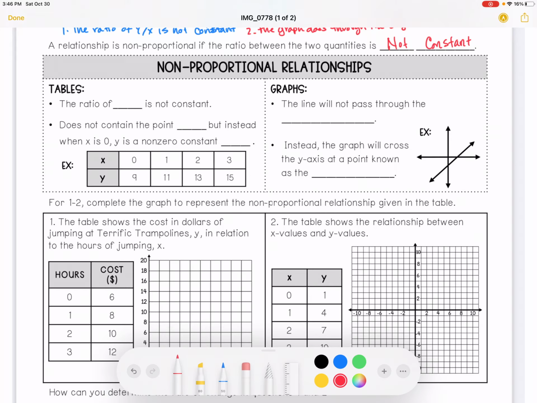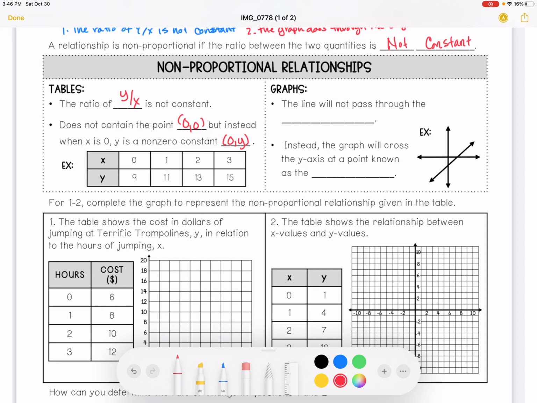The ratio of Y to X is not constant. Does not contain the point 0, 0. But instead, when X is 0, Y is a non-zero constant. It could be any other number but 0.